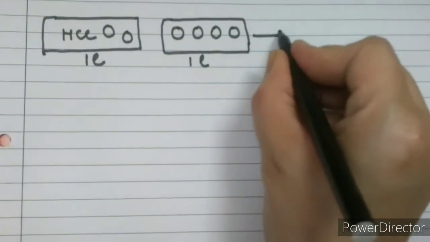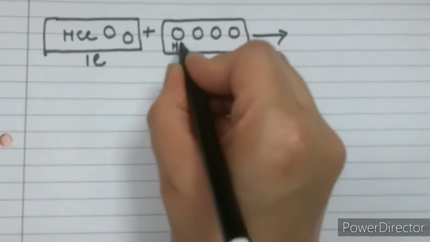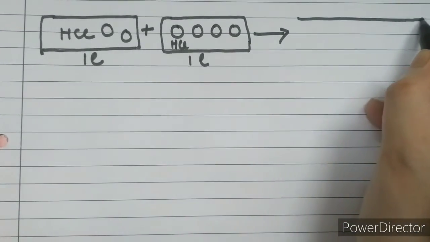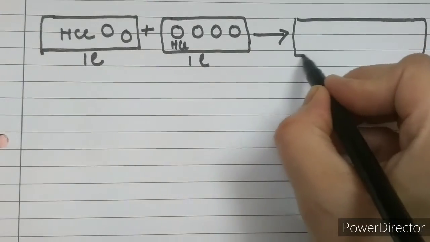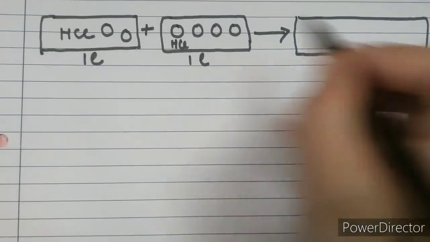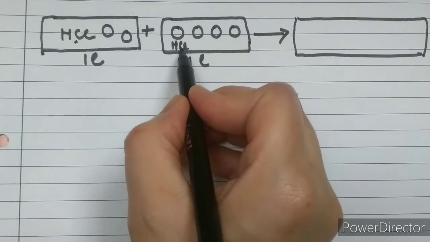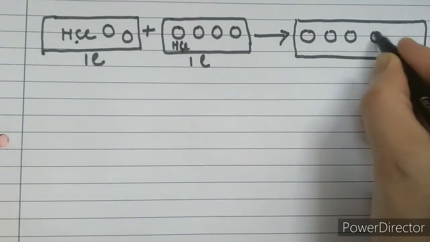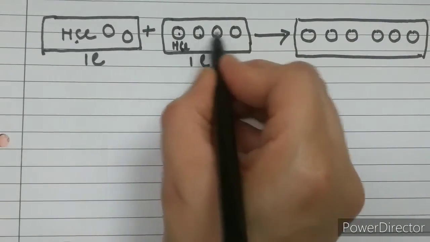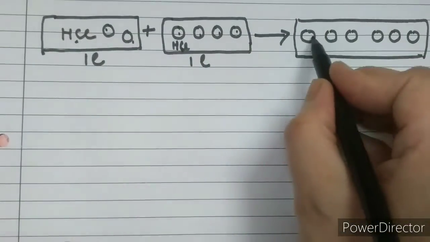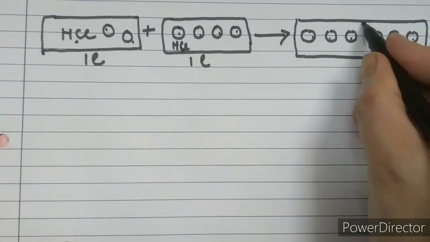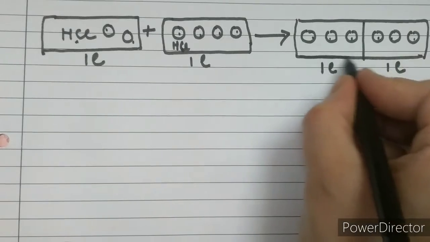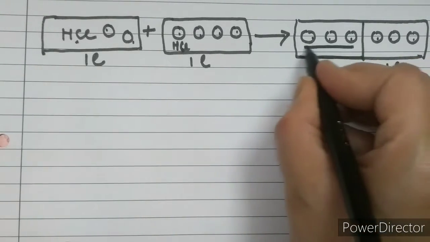Now if I mix both the HCl solutions, what will happen? We will have a total of 2 liters, right? But HCl and HCl won't react. In fact, the number of moles will get added up. Total 1, 2, 3, 4, 5, 6 moles in 2 liters, so per liter the number of moles changes to 3.